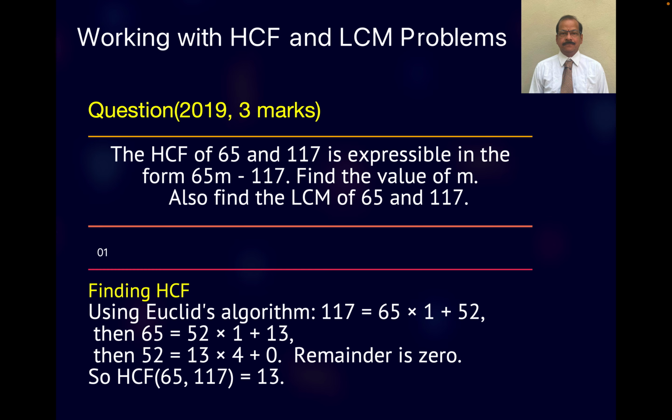Right? Now to find the HCF, you operate upon both these numbers, 117 and 65, and if you follow that, you get 13 as the HCF. So 13 is the HCF of 65 and 117.